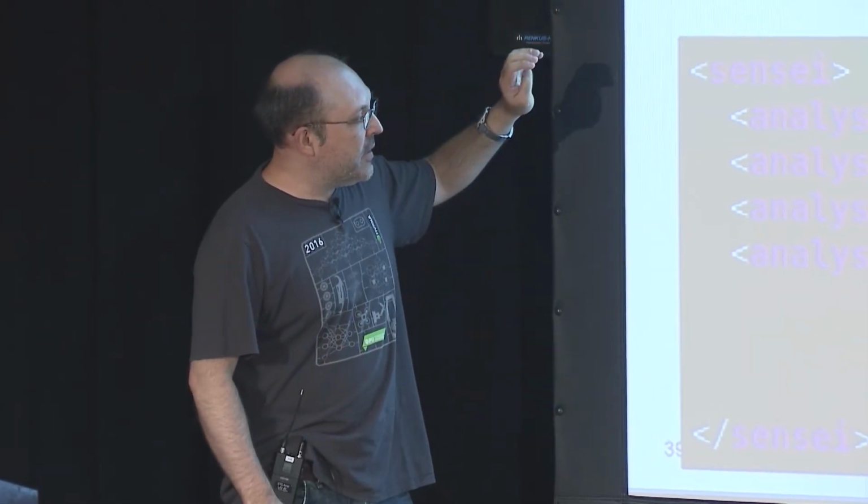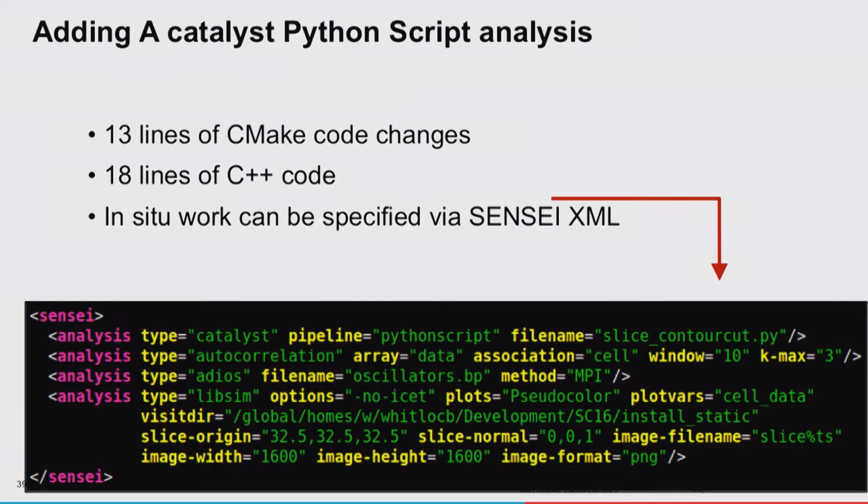And the XML file looks like this, right? So in this case, we're saying, hey, I got data. Please pass it to Catalyst, run a Python script, and this is the file name. So data from the simulation will come to Catalyst directly, and it will execute whatever is in that script.